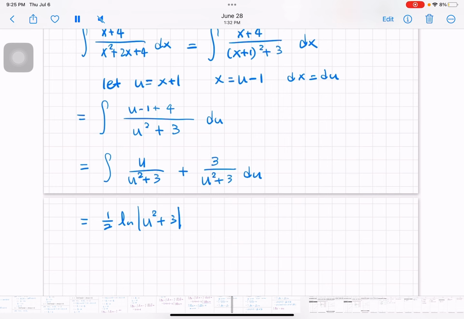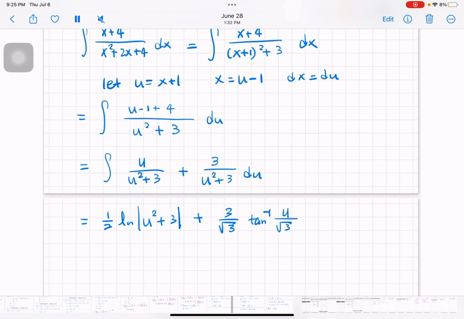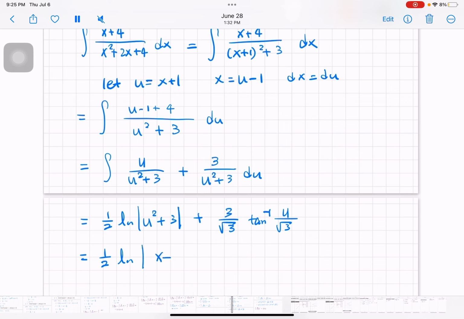The first part, because we have u on the numerator, we can just do another substitution. So we ended up with 1/2 ln of the absolute value of u squared plus 3. But the second part, we have to use the formulas, which gives us 3 over square root of 3 tangent inverse of u over square root of 3. Replace back with x.